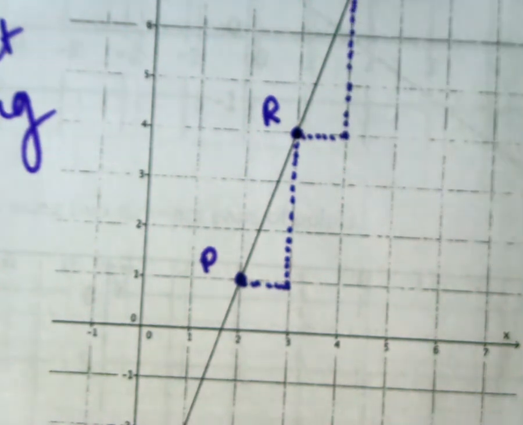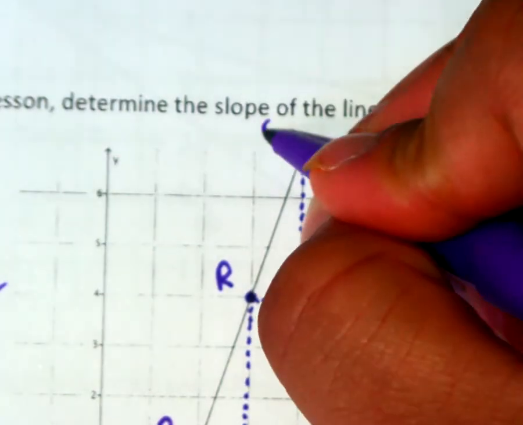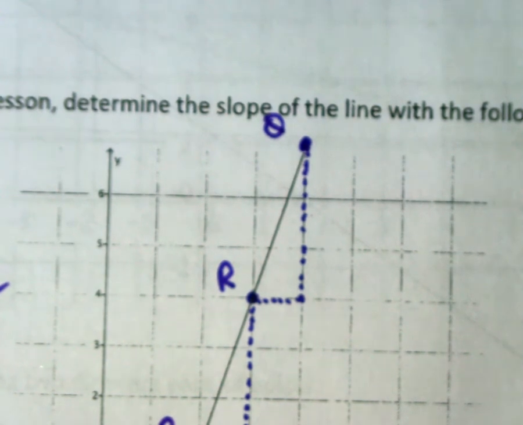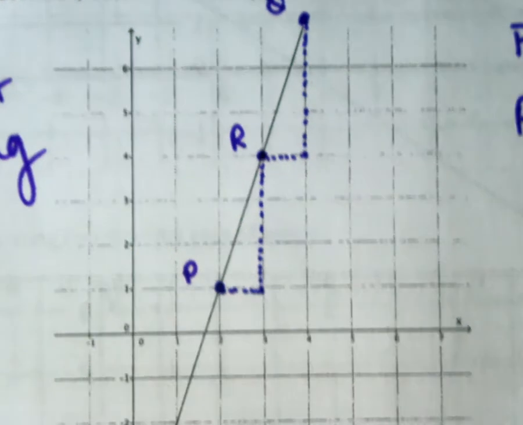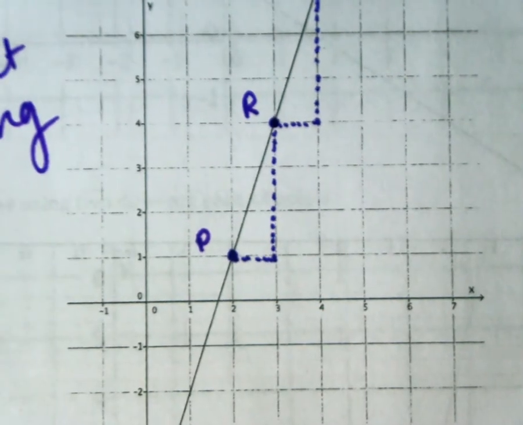So if I wanted to label another point on this line, point Q is actually going to be located at 4 and 7. Some things that you should know about these slope triangles is that these triangles are actually similar.